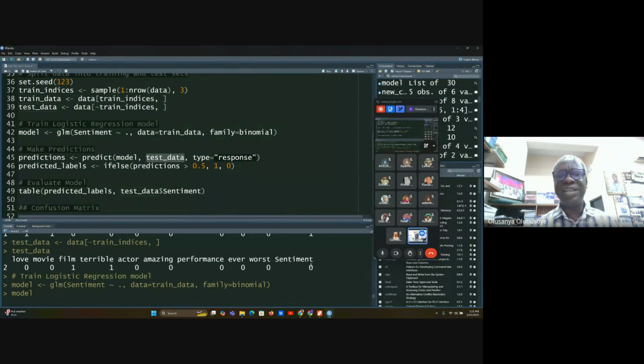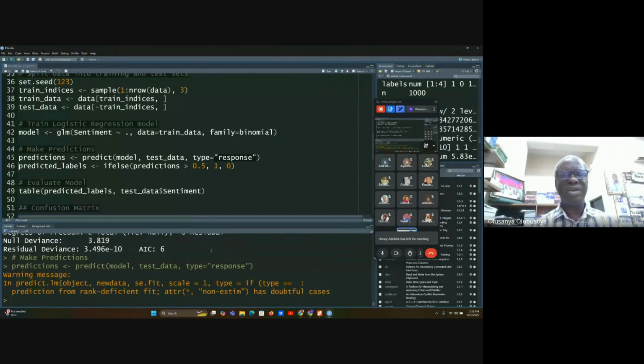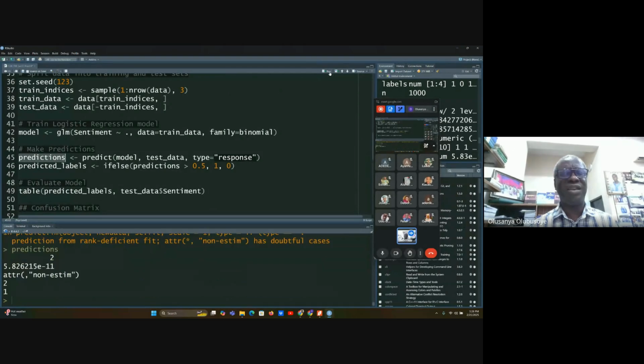Remember, the actual is 0, but we want to use our model to predict what the probability would have been. So let's run this prediction, and let's see if we can even get the predicted value.